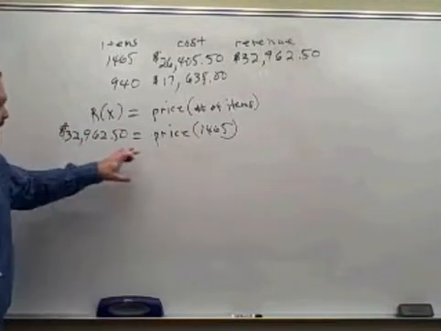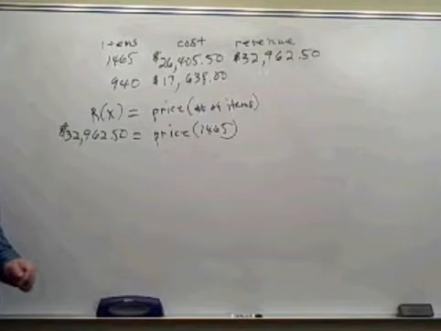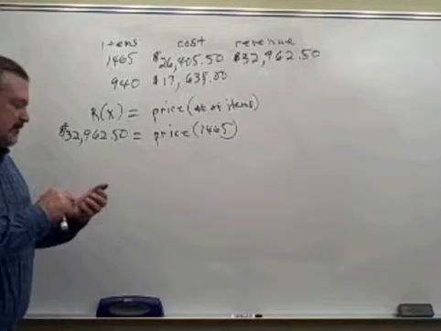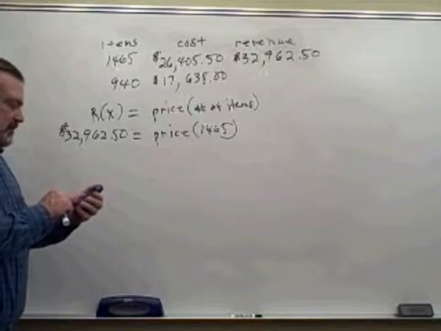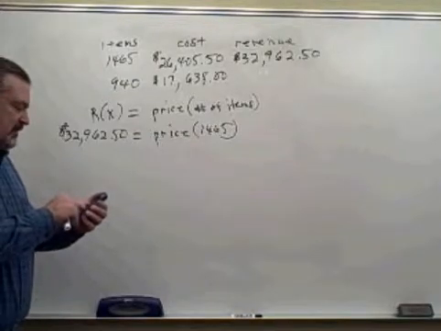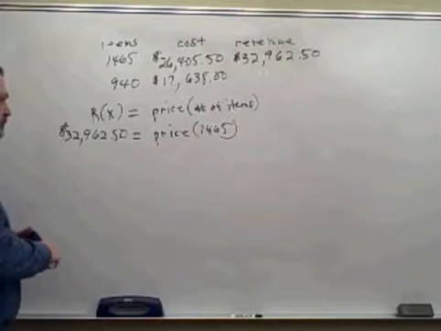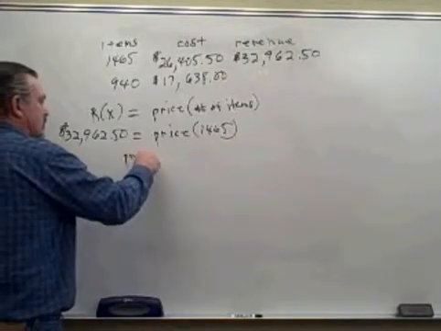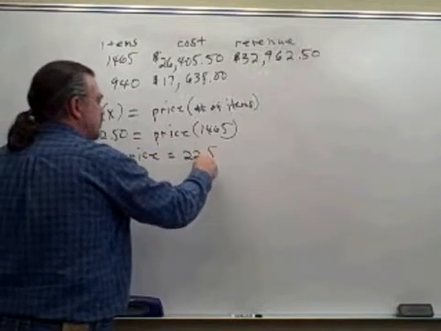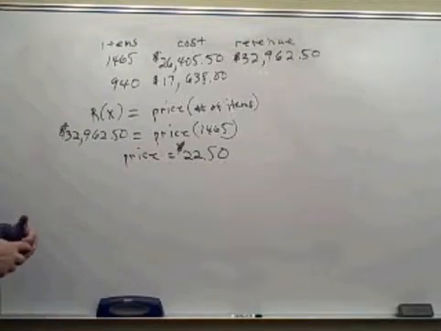So can't we simply divide the $32,962.50 by 1,465 to figure out what the individual selling price per item was? If we take 32,962.5 and divide that by 1,465, we get 22.5. So $22.50 was the selling price of our items.